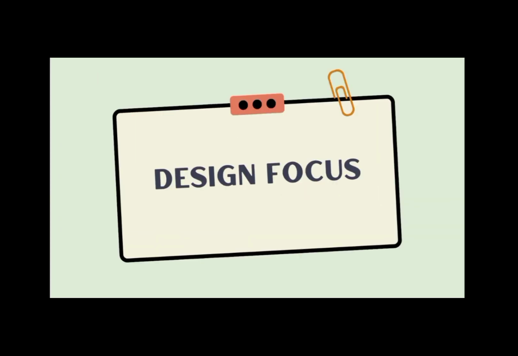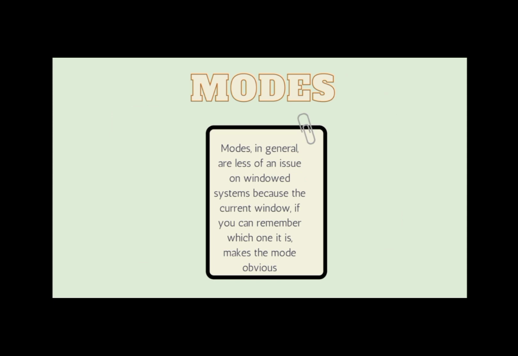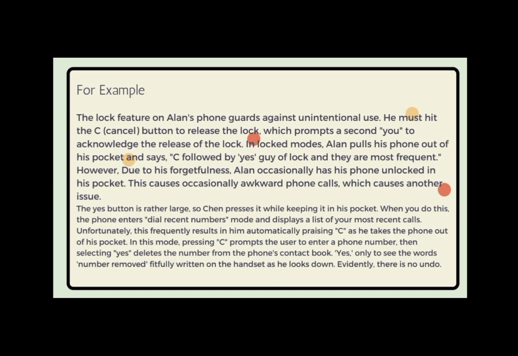Design focus. Modes. Modes in general are less of an issue in a window system because for the current window you can remember which mode it is in. For example, the lock feature on Alan's phone: to guard against unintentional use, he must hit the C cancel button to release the lock.